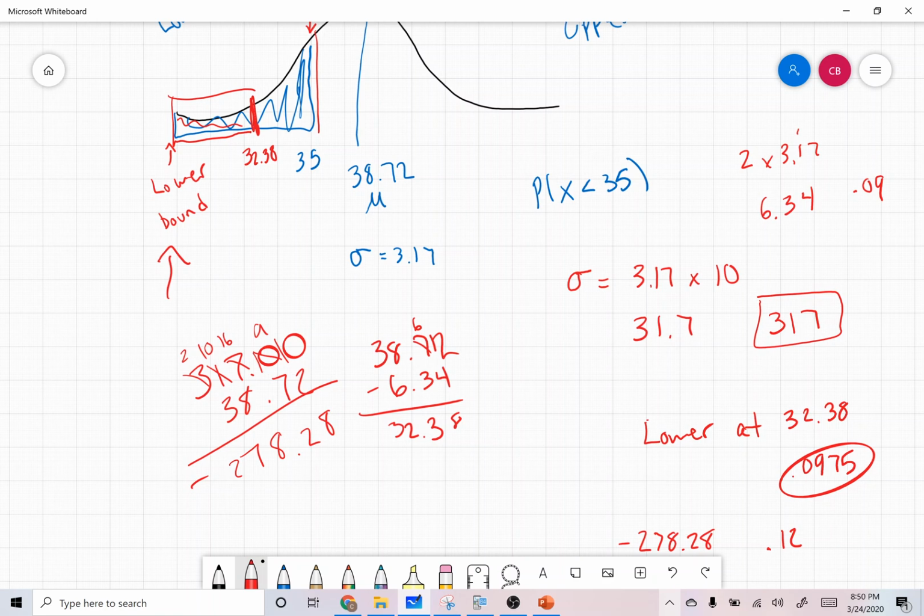And that's why the calculator has that negative 1E99. That's essentially negative infinity. But any number that's outside of 3 standard deviations, and probably 4 standard deviations for sure, will get all of the data values. And you will not have to worry about it, because anything smaller than that 4th standard deviation is already so minute that it won't change the value on a calculator.